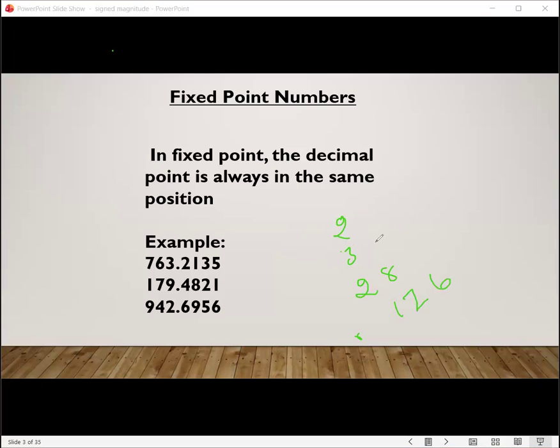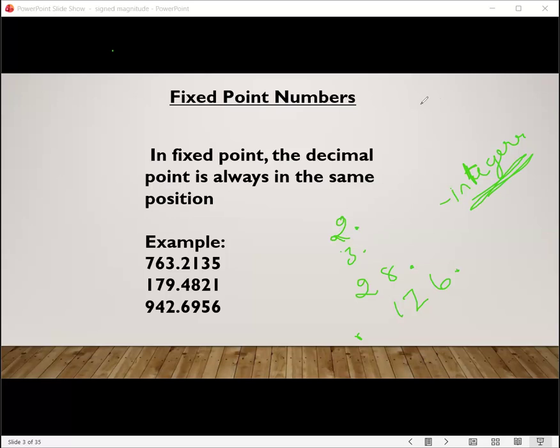We just write it like this. This means there is a decimal point after the number, right? This is for integers. In integers, we don't have a fractional part. So if we don't have a fraction part, it means that it is fixed. After every number, we have a decimal point.